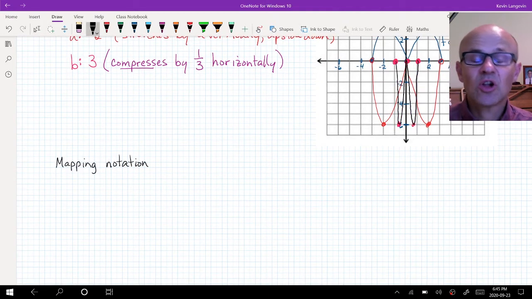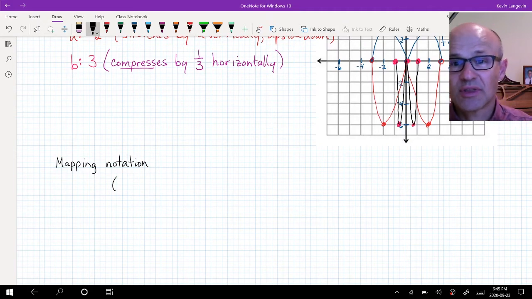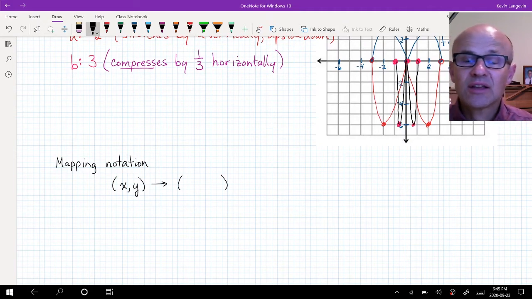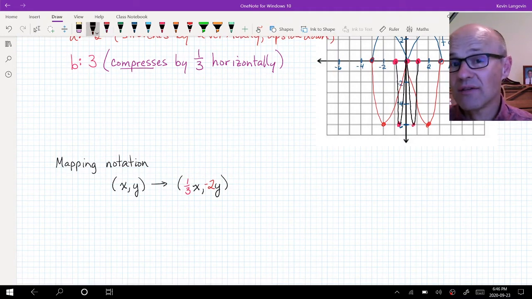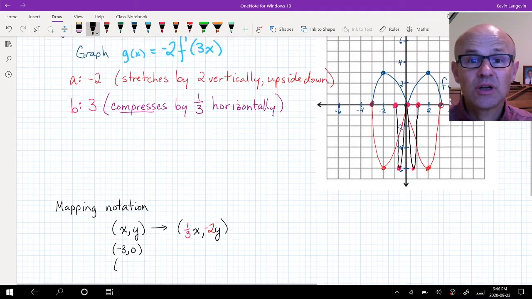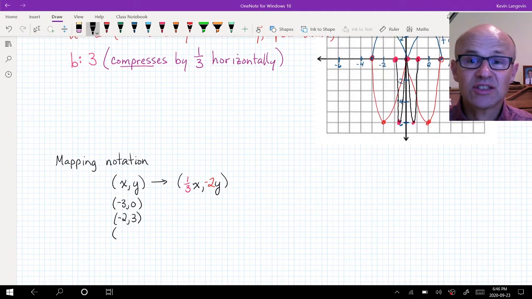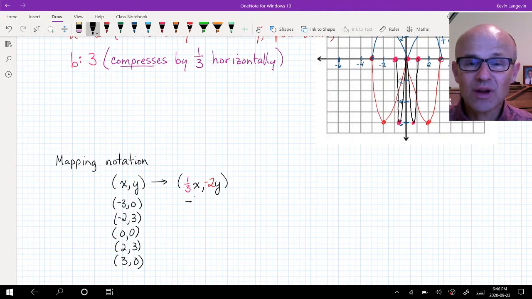There's also something called mapping notation that helps us with this. If I take my original points, x, y, I'll notice that my x value got compressed by a third. My y value was technically multiplied by -2. So what I can do is take the 5 points that I started with and apply this mapping notation to each one of them.